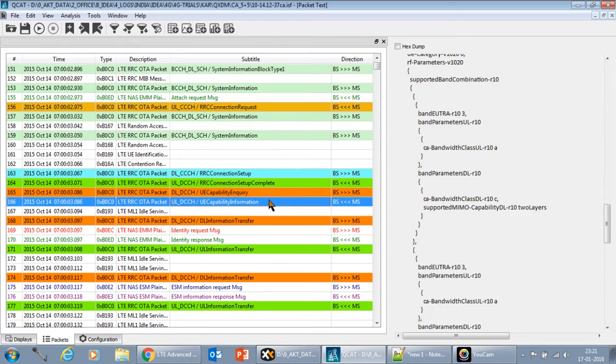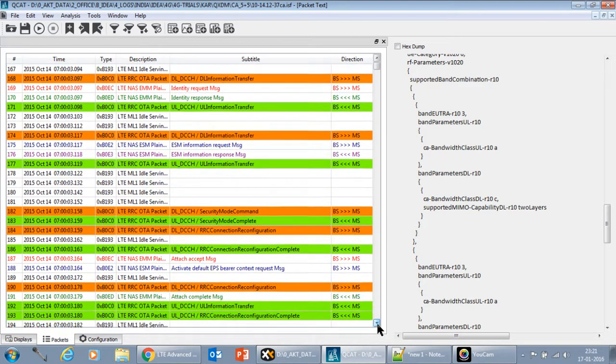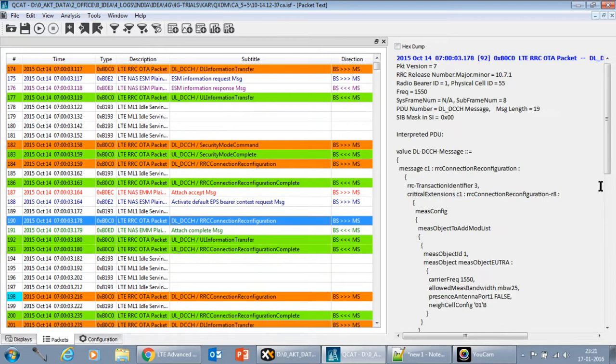Now when the eNode B receives this information, at the time when the RRC reconfiguration is happening, which is somewhere here. Before I go into that, the primary cell, the P cell, was on frequency 1550 with cell ID 55.